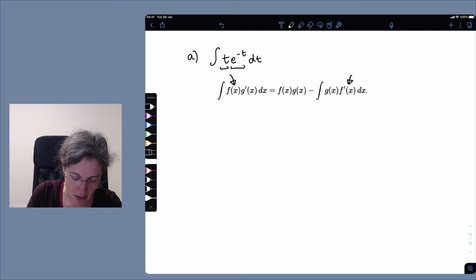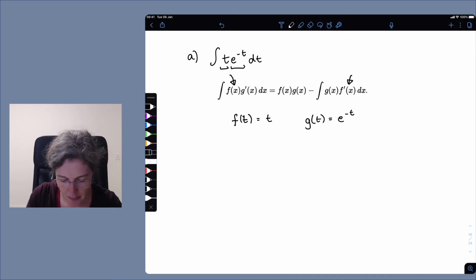So I'm going to pick as my f of x, or rather my f of t, because we're actually working with t's here. My f of t is going to be equal to t, and the thing that I'm going to end up integrating, my g prime of t, is going to be e to the minus t.